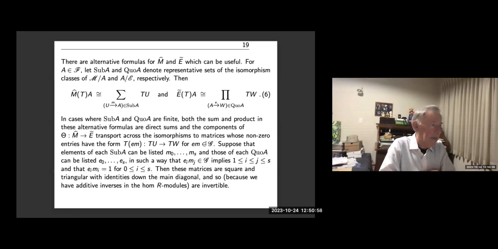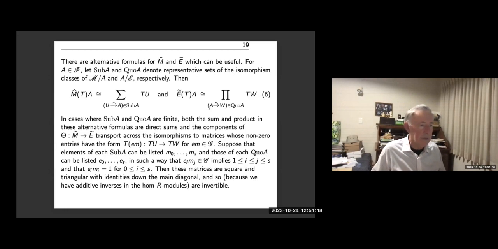And then this M hat of T at A is just the co-product. I'll use sum for co-product of the T U, where the U is the domain of one of these chosen representatives of the sub-objects.